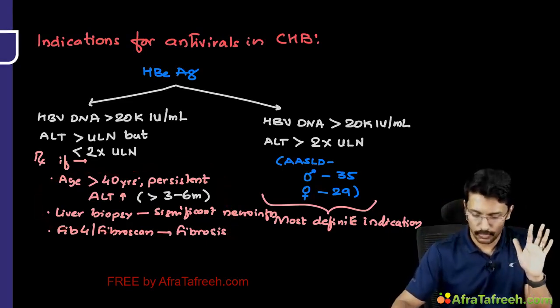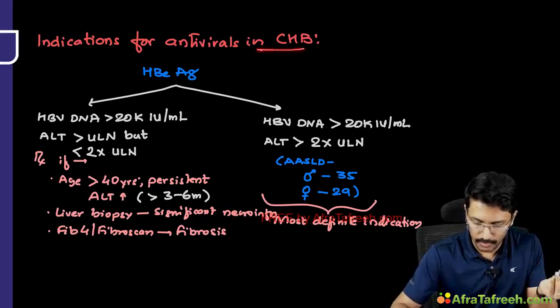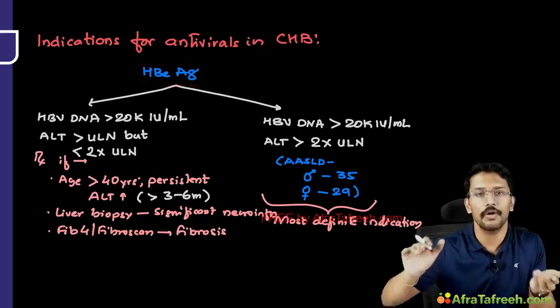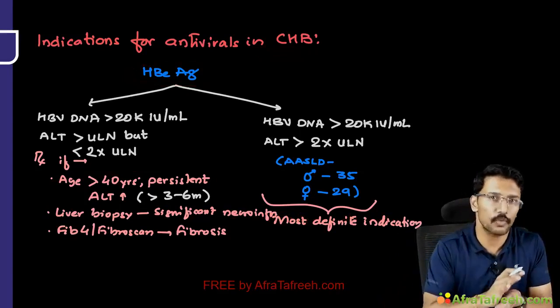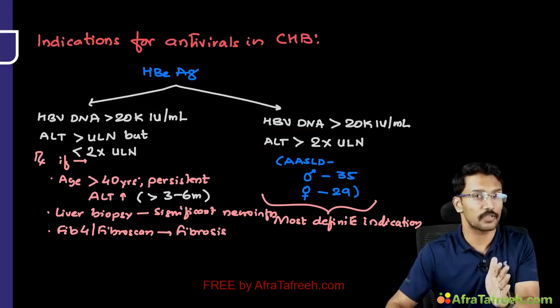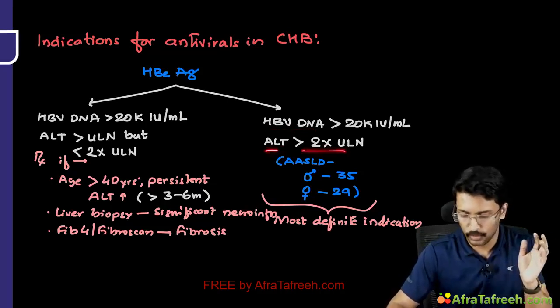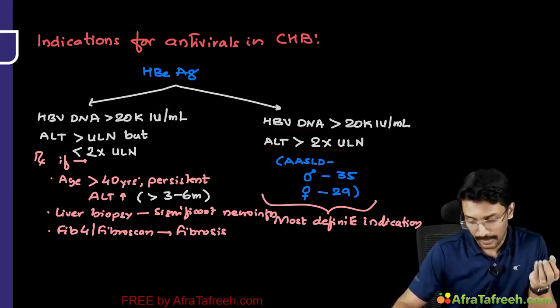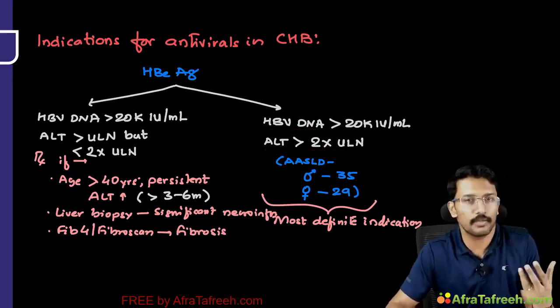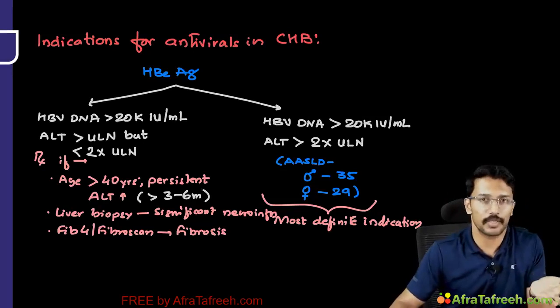Clear? So once I have diagnosed the case as chronic hepatitis B, I will look at HBeAg status. If it is negative, how do I approach? I'll tell you later. But if it is positive, then I will look at HBV DNA and ALT. If HBV DNA is 20,000 plus and ALT is more than 2 times the upper limit of normal, I'm definitely going to start the treatment. My choice for the Indian population will most likely be tenofovir or entecavir.